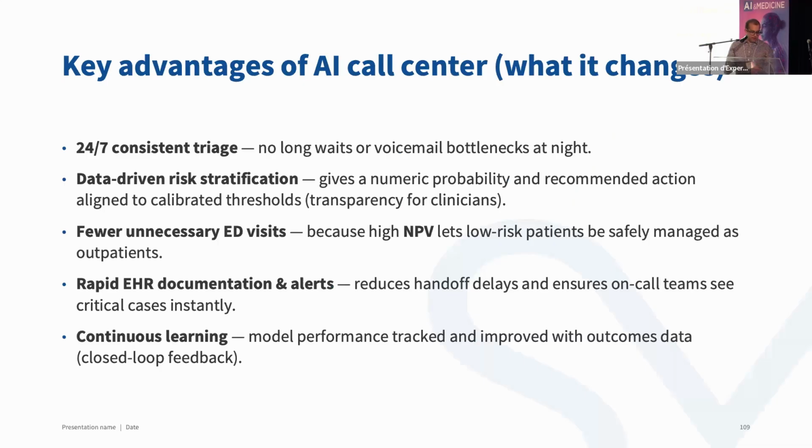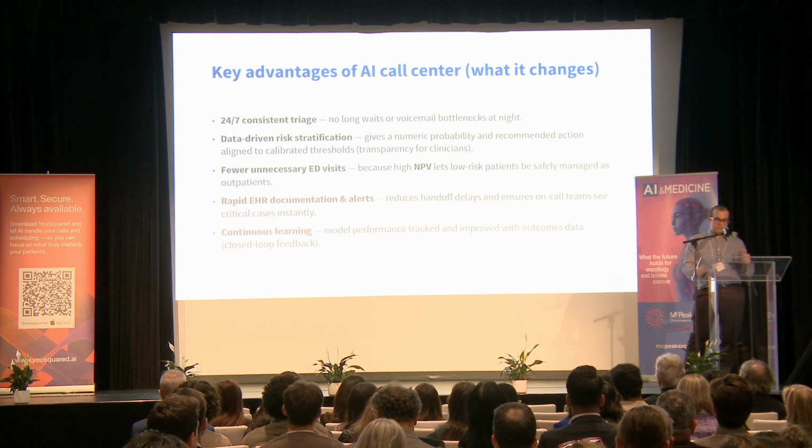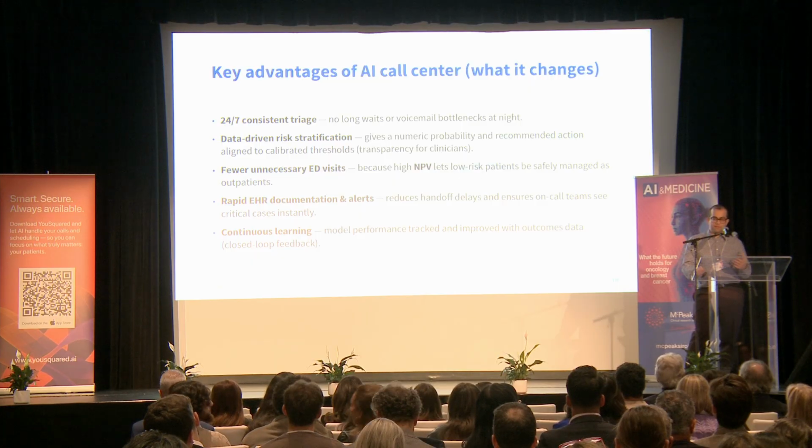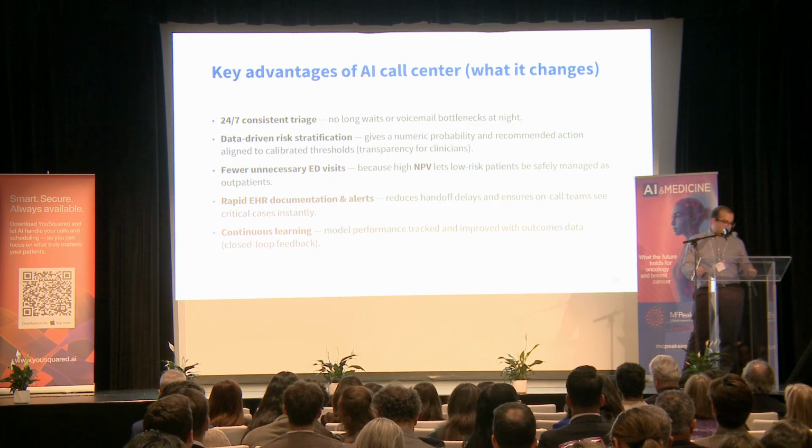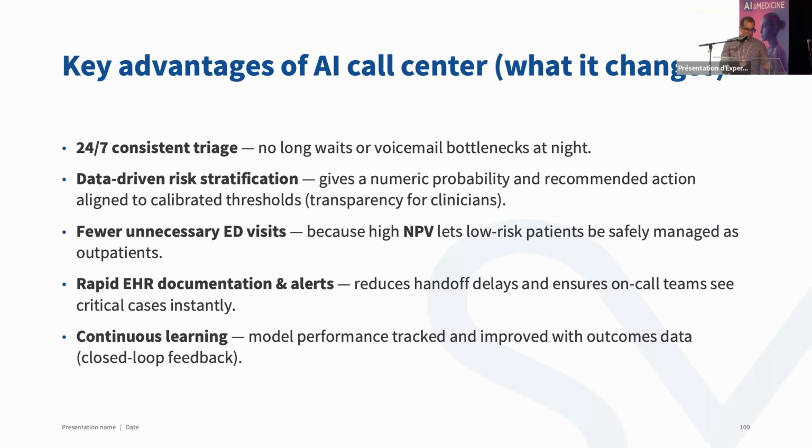So, again, I think the advantages are kind of obvious in terms of what it could do. So it's a 24/7 service. The risk stratification is not based on subjective assessment, but on objective data that drives a risk model and can tell you the likelihood of the patient being sick and requiring an ER visit.